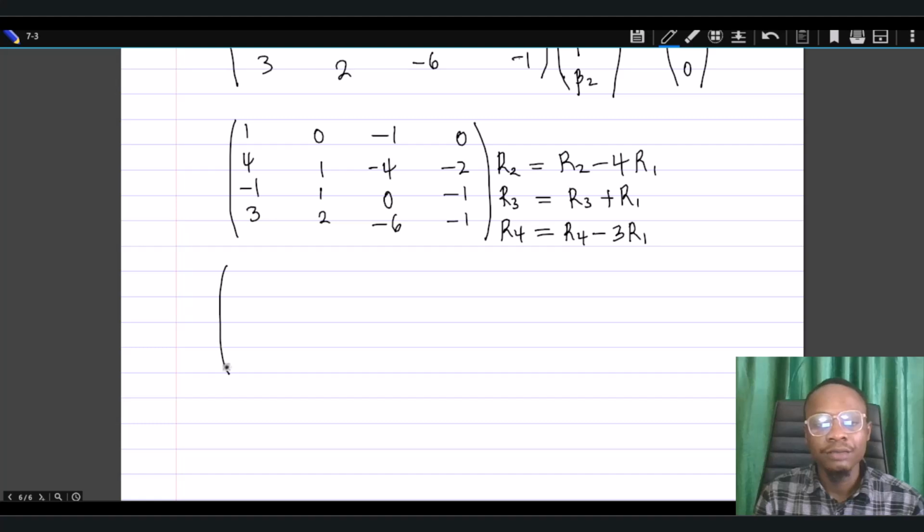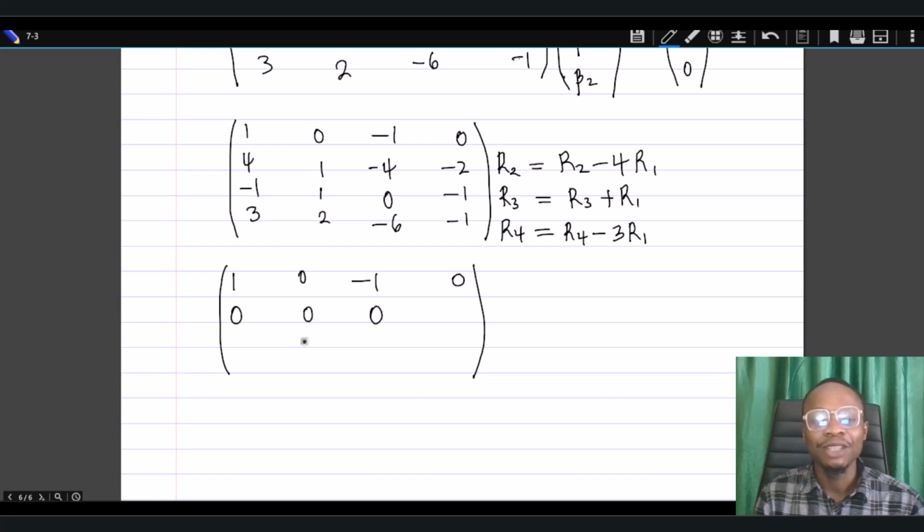And this gives 1, 0, minus 1, and 0 on the first row because nothing is happening on the first row. And we have 4 minus 1 multiplying 4, that is 0. 1 minus this, that is 0. Minus 4 minus this, that is minus 4 plus 4, that is 0. What did we just do?